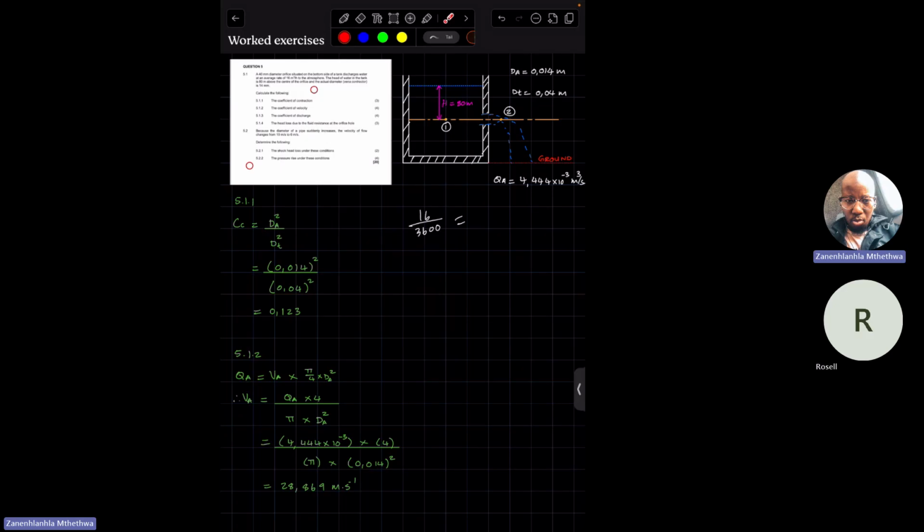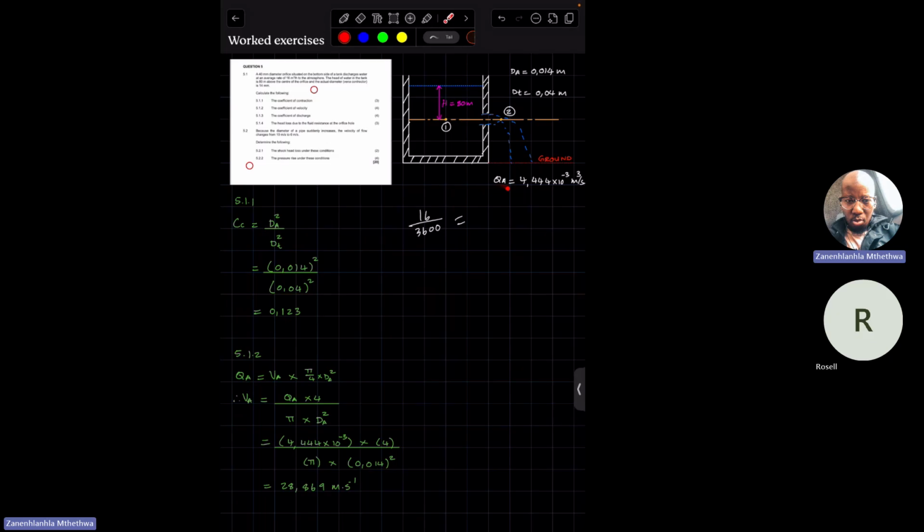Right. So whenever you've been given Q, with measurement of flow, we get essentially two findings. One are theoretical, the other findings are actual. Similarly with the flow rate, we have the actual flow rate, which we denote as QA, and then we have QT, which is the theoretical flow rate.